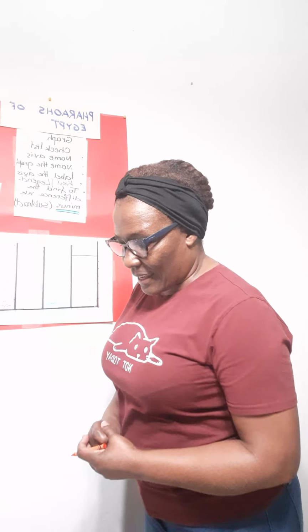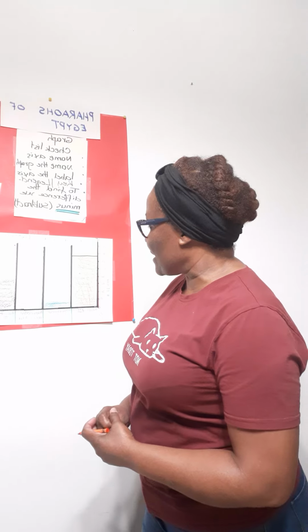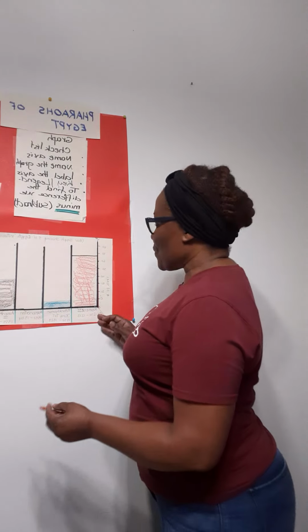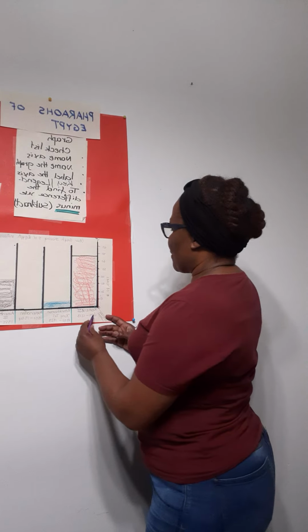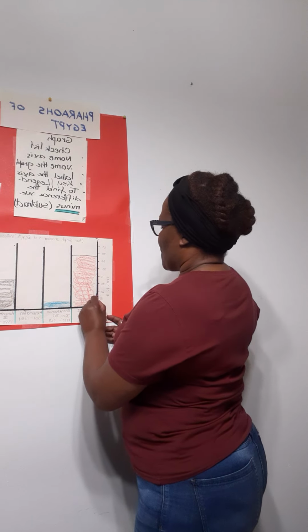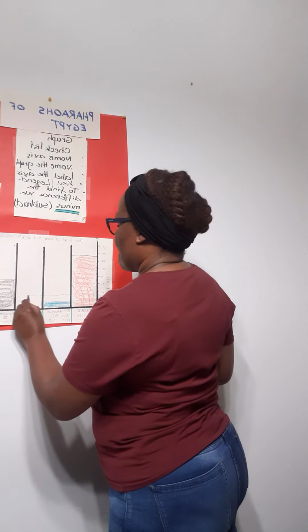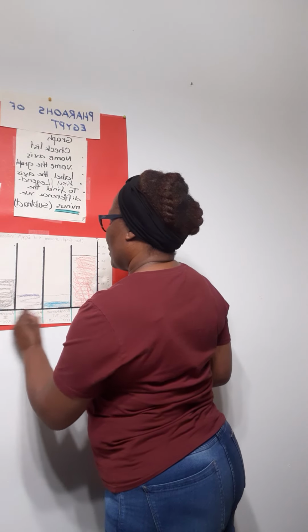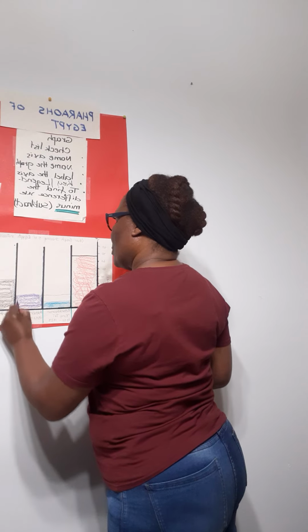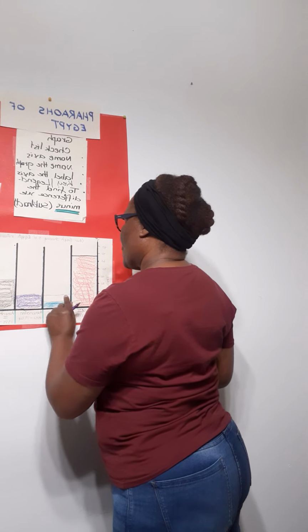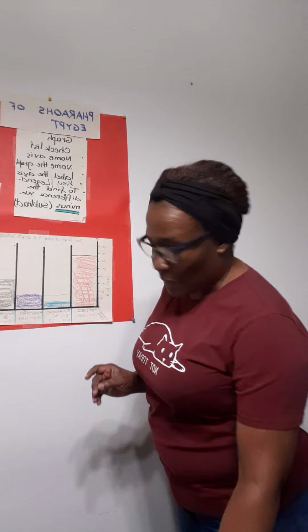Yes. Akhenaten reigned for 17 years. Thank you. So now we are going to put 17 on our bar graph. All right, so we're finished with 17.